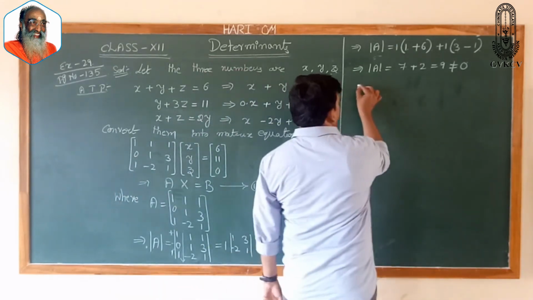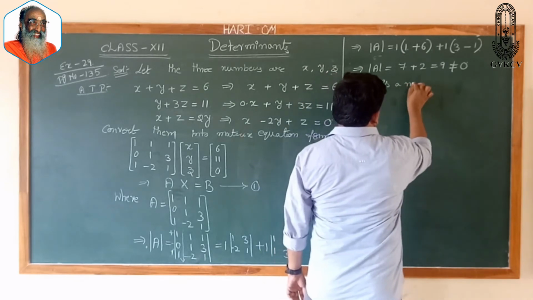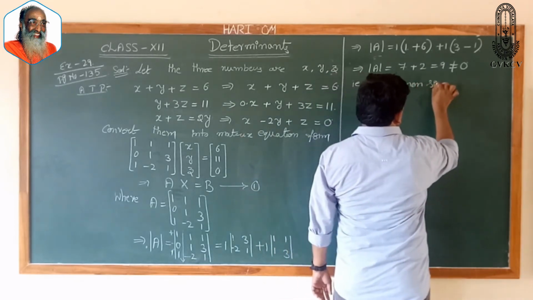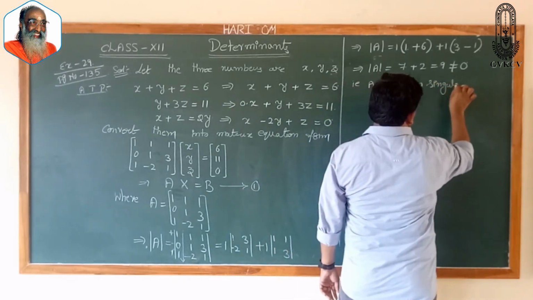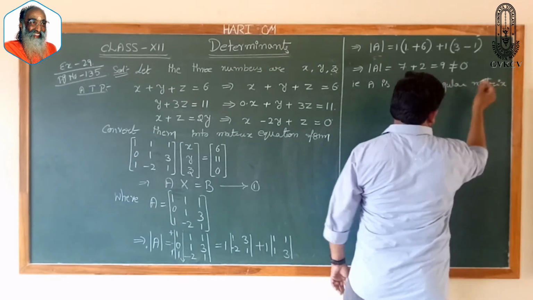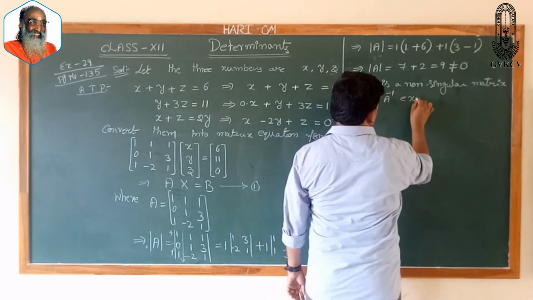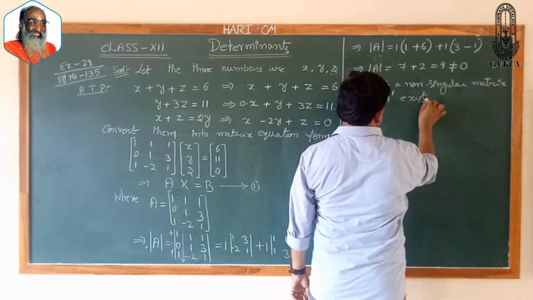So A is a non-singular matrix, that is, A inverse exists.